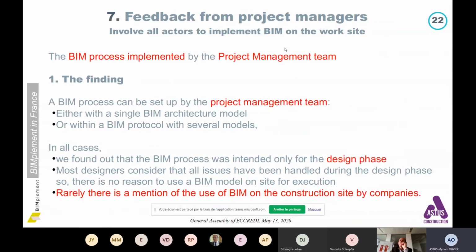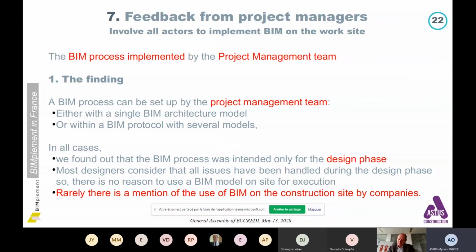As for the project managers, which may be the architect with the design teams, the design project may be one or several projects, but each time what we've seen is that the BIM model is made for design and to answer the client's needs, but they never think of using it for the building company.